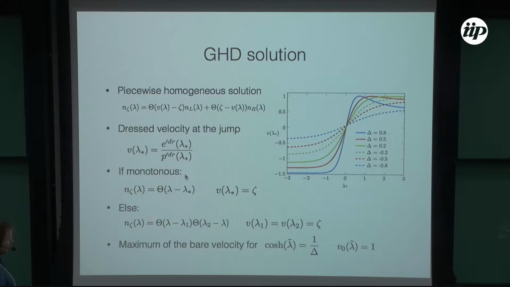But in the general case, for positive interactions, it turns out that the bare velocity has a non-trivial maximum for this rapidity parameter, which actually has always value 1. Okay? So for delta larger than 0, you have always a bare velocity maximum at a certain value of the rapidity parameter, which is equal to 1. On the contrary, for negative interactions, this maximum goes to sine gamma, okay, which is always smaller than 1.